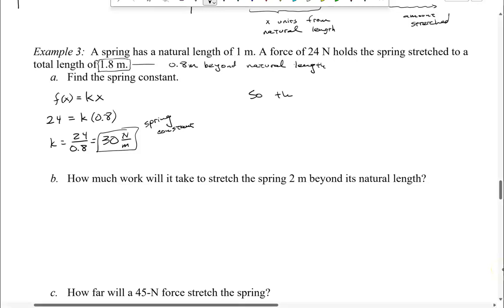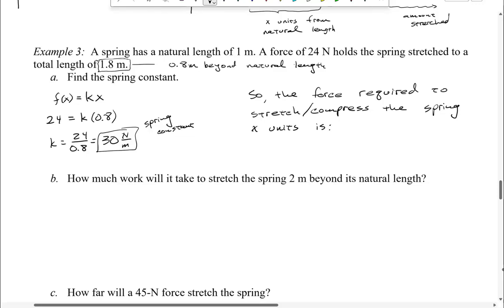So the force required to stretch or compress the spring x units from its natural length is, I'm going to use a capital F for force, F of x is equal to 30x. So that is our force function for this particular spring.